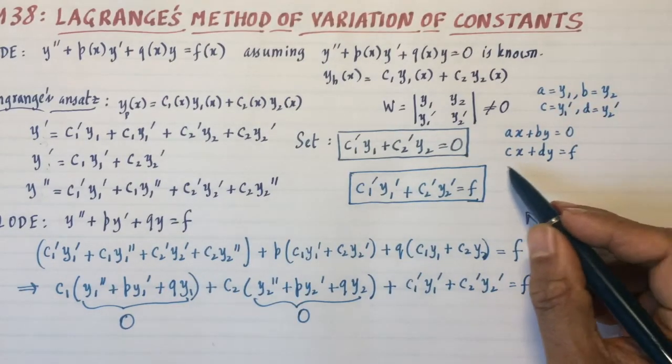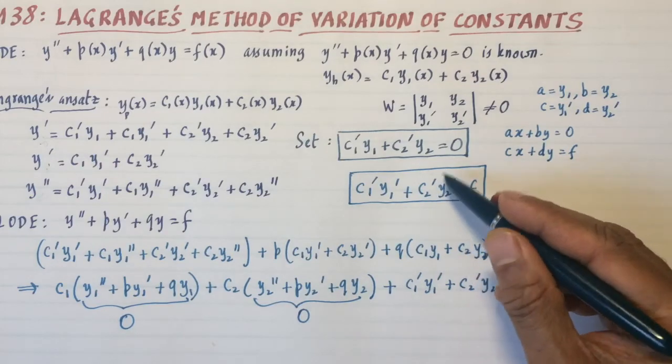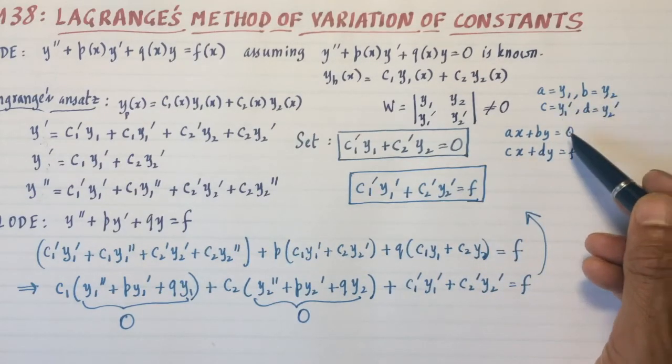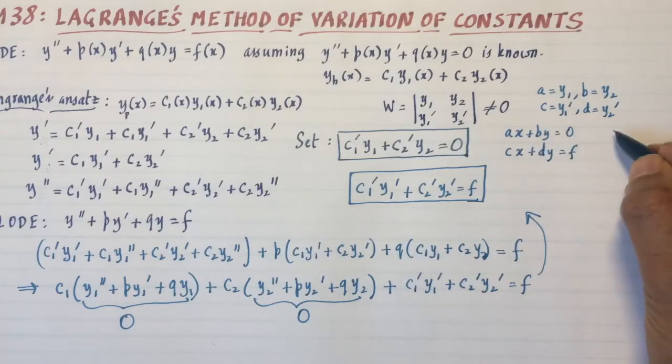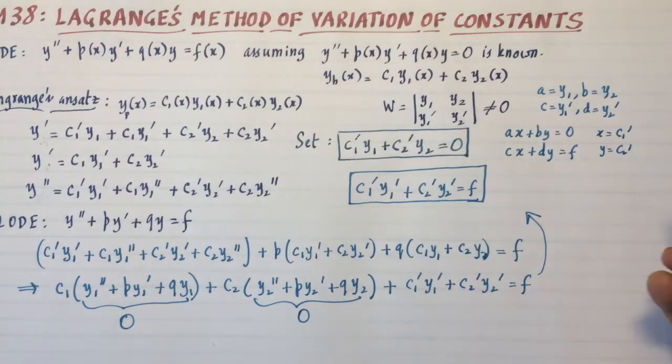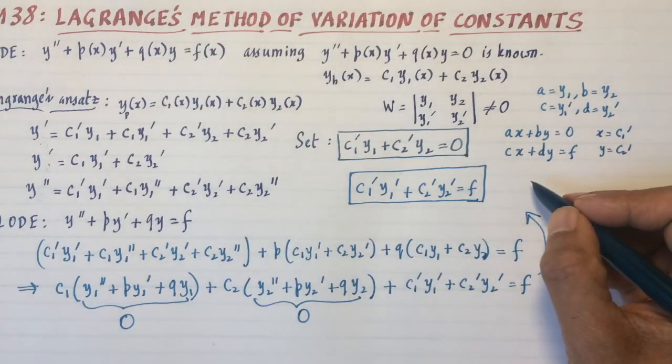The only big deal about this system of linear equations is that the coefficients themselves are functions of x. But the x and y in this analogy are going to be C1 prime and C2 prime. So we are solving for x and y. Back to Cramer's rule. There's nothing more to it than that.